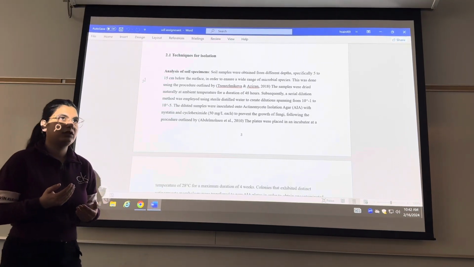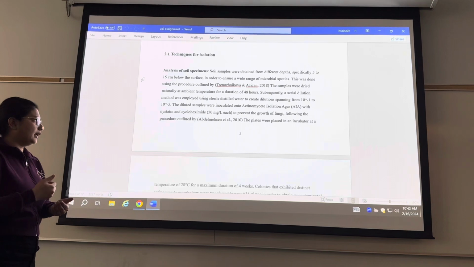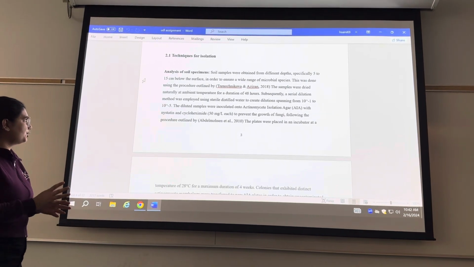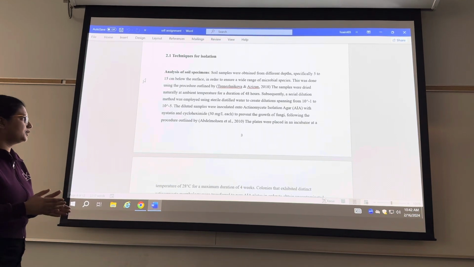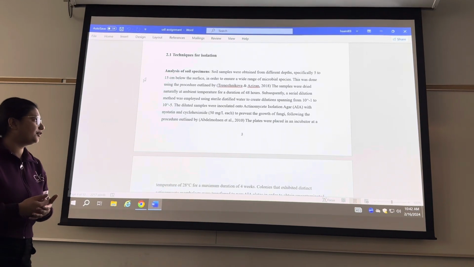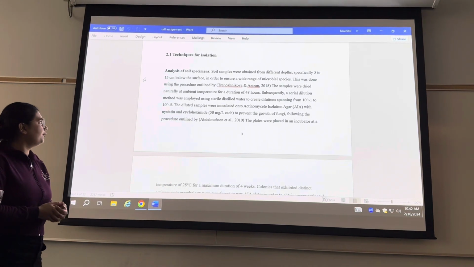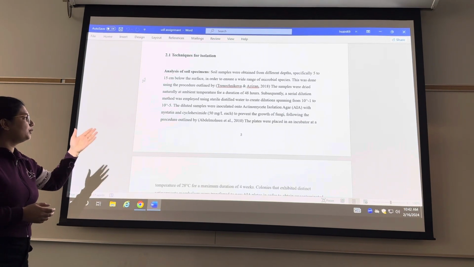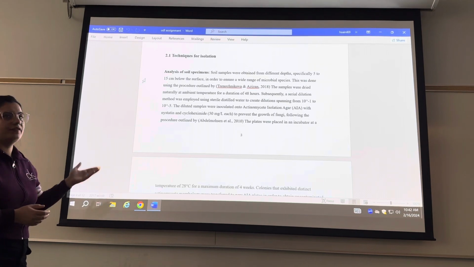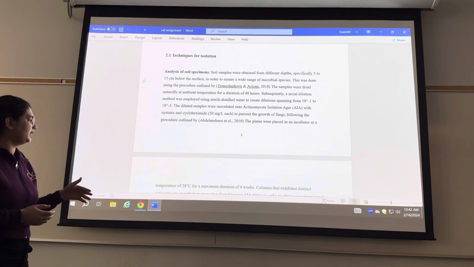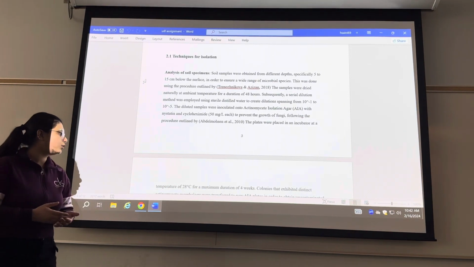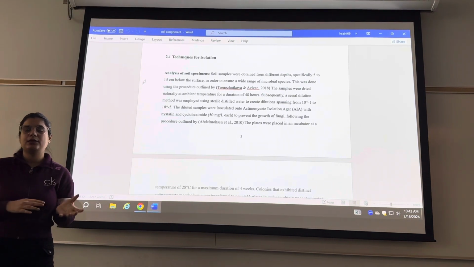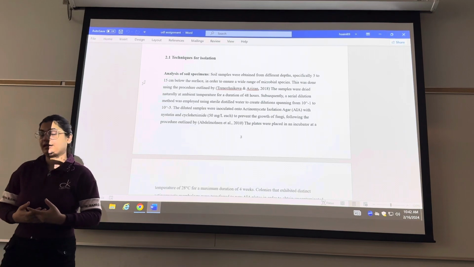Then we did the dilution, so that we are able to get a particular concentration. These diluted samples were then spread on actino isolation agar, which has some antibiotics in it, because we need to prevent the growth of the fungi. After that, the plates were incubated at 28 degrees for a maximum duration of 4 weeks. Then we are able to see the growth of the actinomycetes.